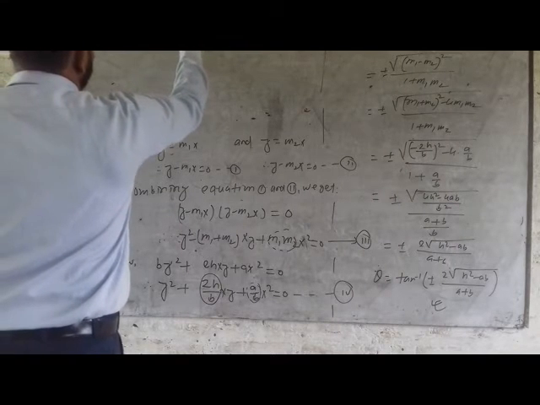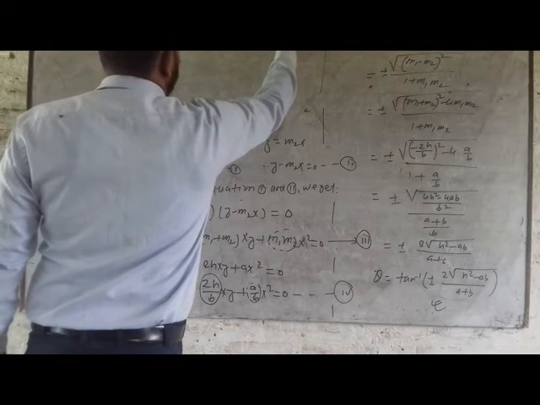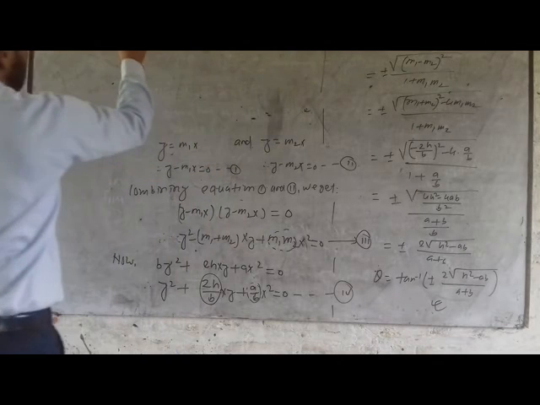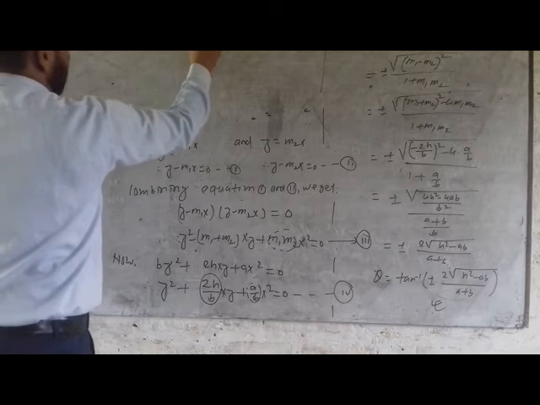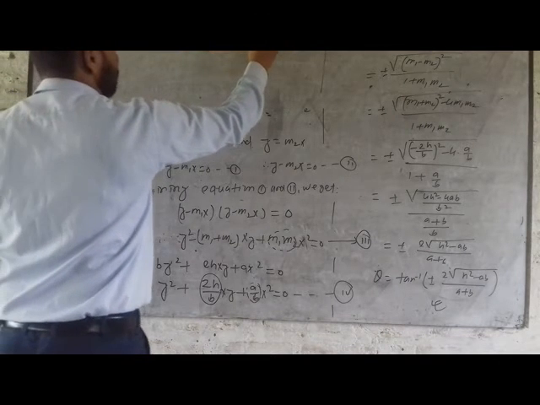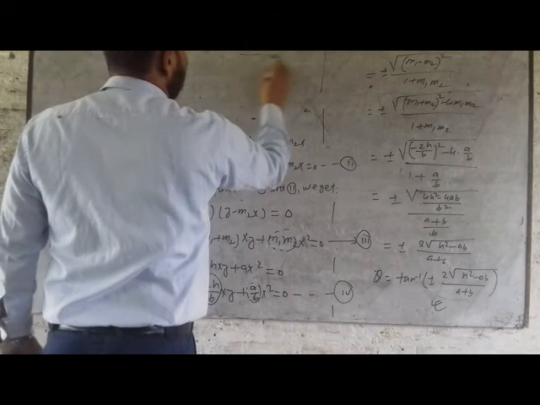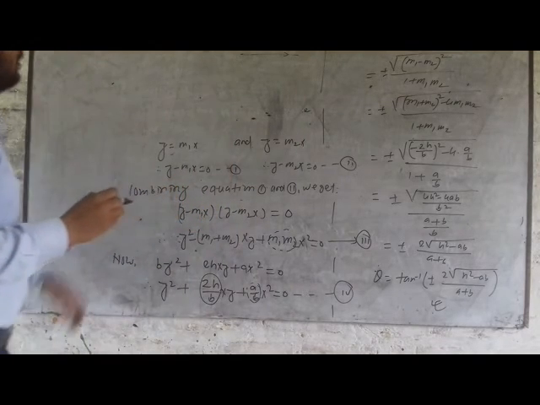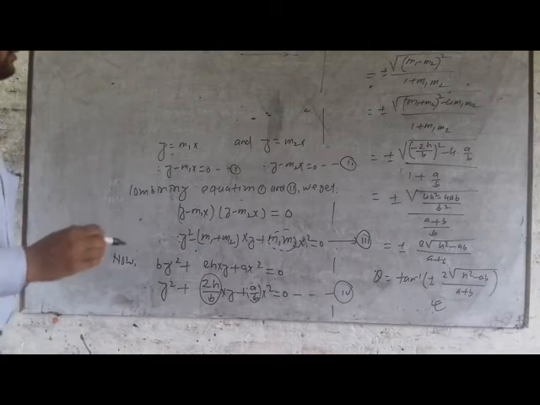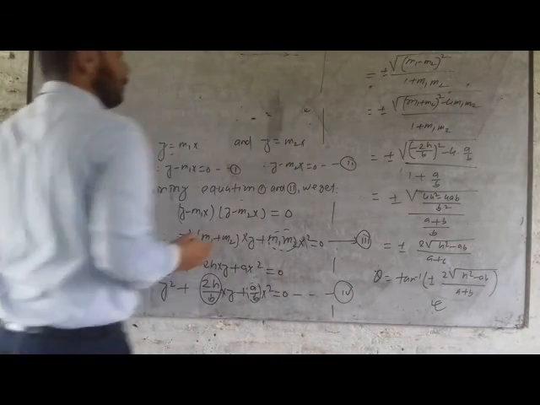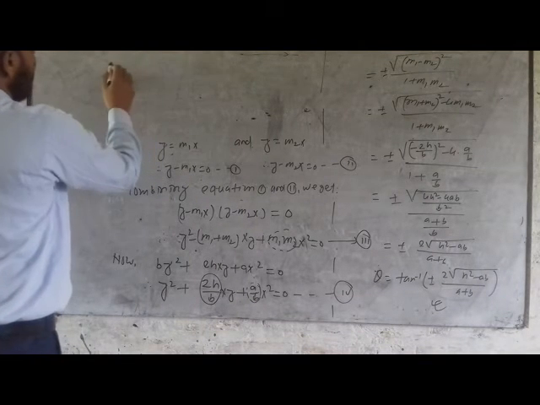When the pair of straight lines represented by ax square plus 2hxy plus by square is equal to 0 are coincident, here the meaning of coincident is parallel. When the pair of straight lines represented by this equation are coincident, that is parallel, then theta is equal to 0 degree.